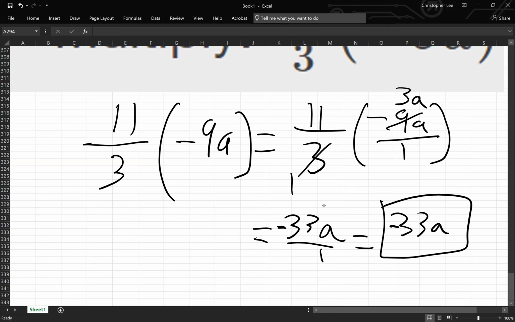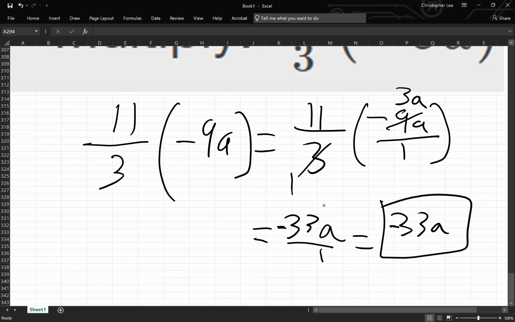All right, questions on this? So you put the whole number part over 1 and then just go straight ahead. Diagonal is, what is it? I'll get back to you.